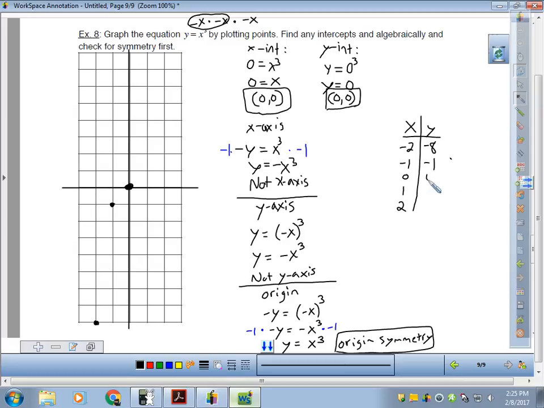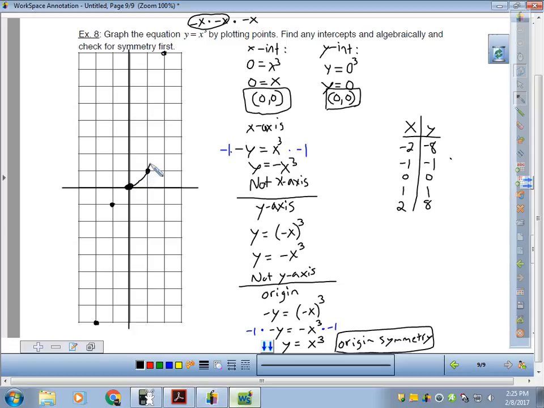And we actually already have that point on there because we already plotted the origin when we did our x and y intercept. If we take 1 and plug in, 1 cubed is 1. So we get this point right here. And lastly, if we take 2 and plug in for the x, 2 cubed is 8. Which is way up here. Okay. So there's our points.